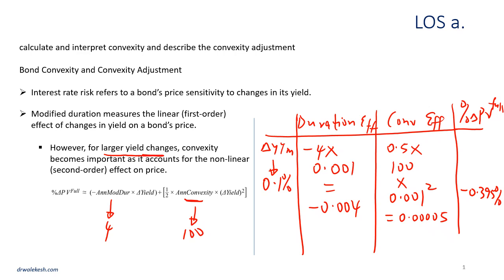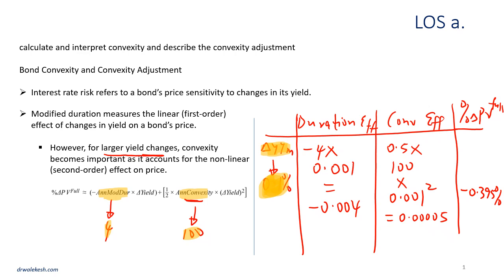Let us assume that annualized modified duration is 4 and annualized convexity is 100. Now, let us consider this small change in YTM, that's 0.1%.